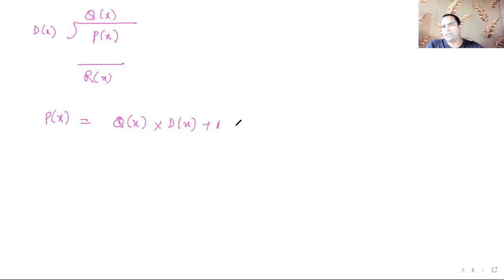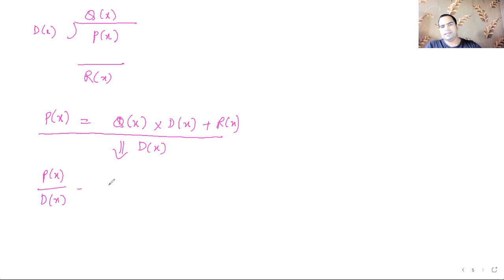This is a way to cross-check your answer, like we did in our previous case. Now this form is modified if I divide both sides by the divisor D(x). You will notice that I get the quotient, because D(x) and D(x) cancel, plus remainder over divisor.